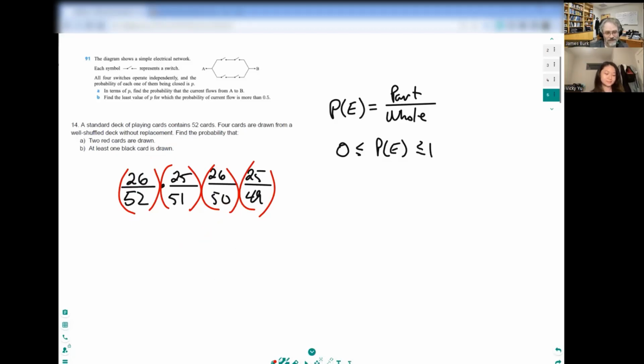Okay, see if that makes sense to you. Okay, that makes sense. Perfect. What about the next one there? At least one black card is drawn. Oh, what does that mean to say at least one?